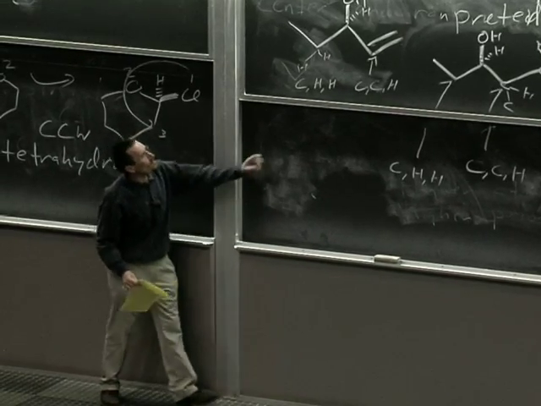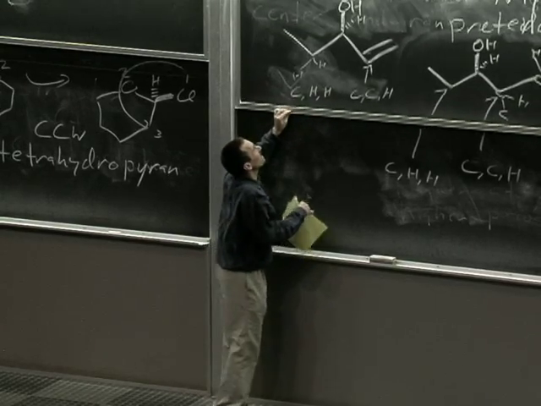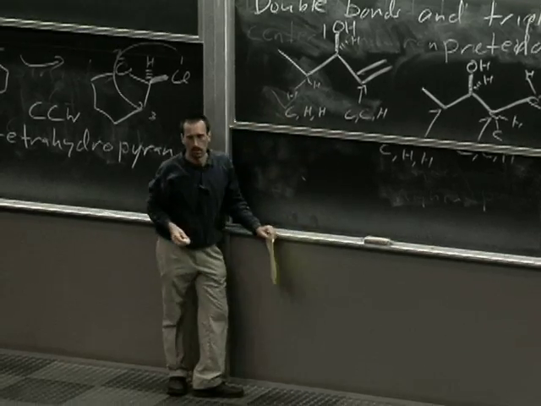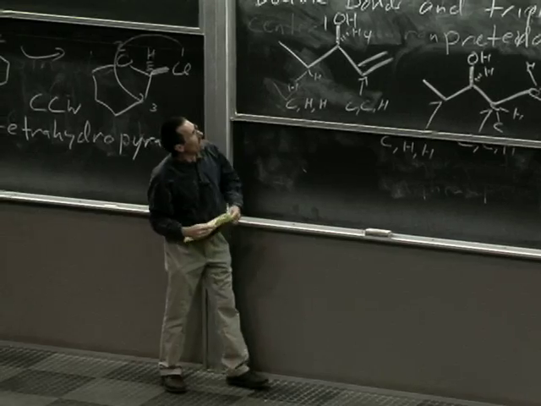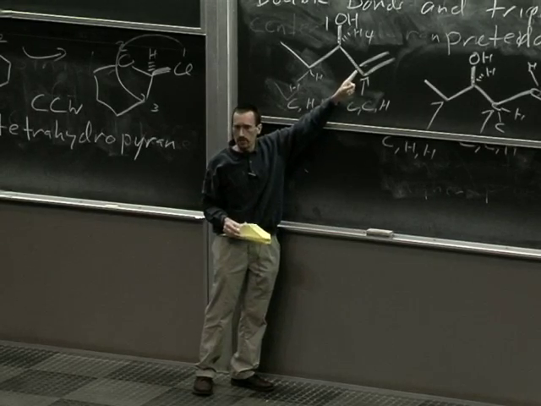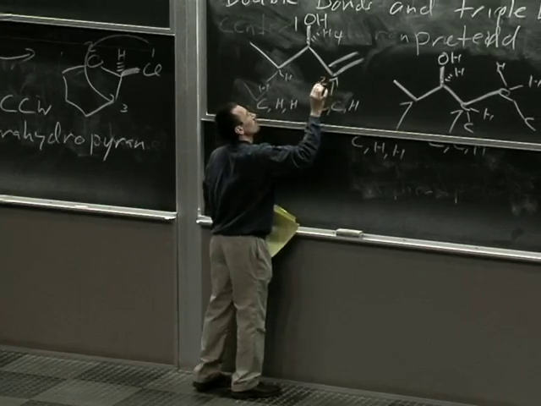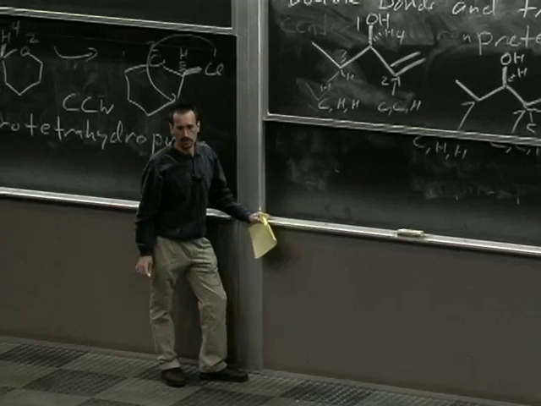And so our prioritization at this point is that the OH group is number 1, the hydrogen is number 4, and by this convention, the double bonded carbon now counts as number 2, and the single bonded carbon counts as 3.